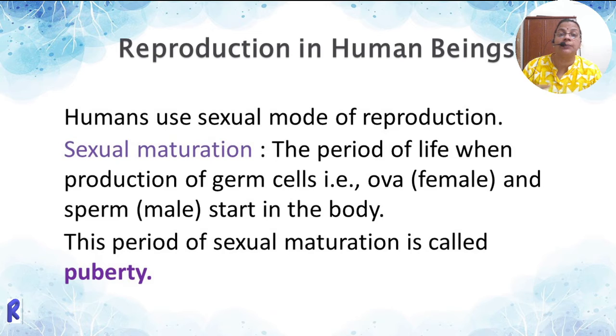Once the body starts producing the gamete, that person can be involved in the process of reproduction. So they will be able to produce a young one. The period of maturity of the sex organs changes a boy into a man, a girl into a woman.